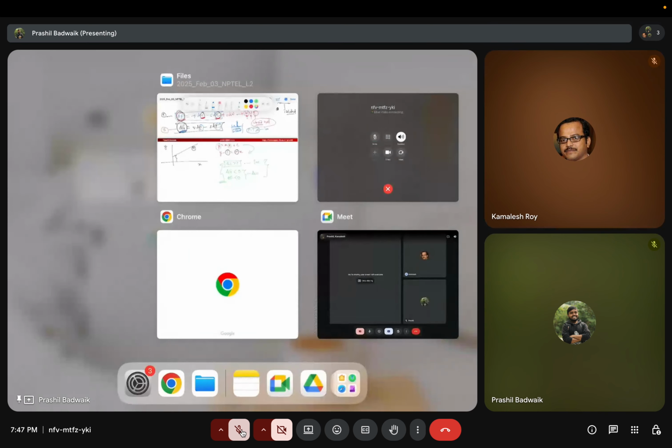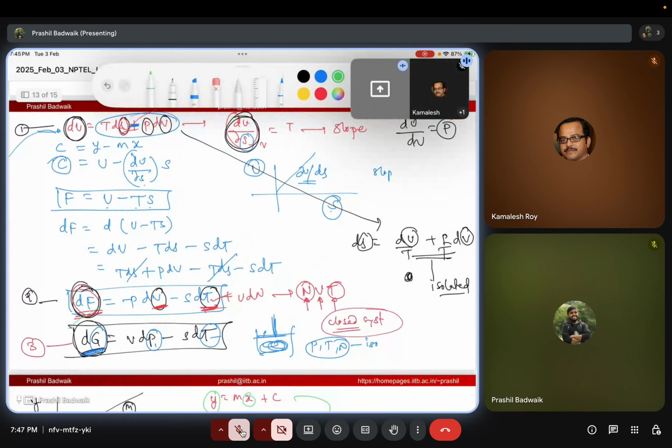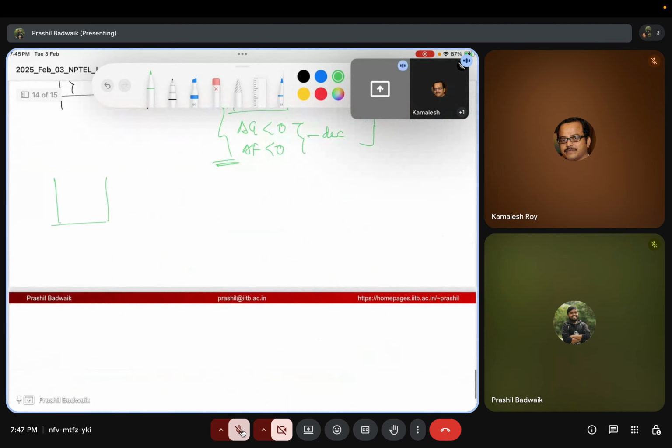So whenever I'm having a closed system, just like what I have shown here, this is my closed system. Volume is constant, and the number of particles is constant because I'm not exchanging particles. Then, since the energy is exchanging, temperature is constant. These are called conjugate variables.